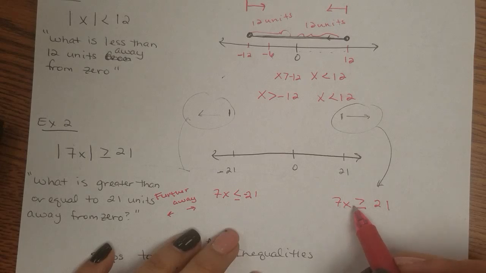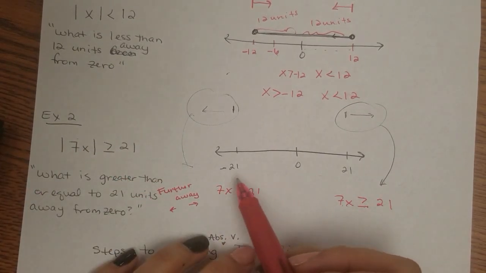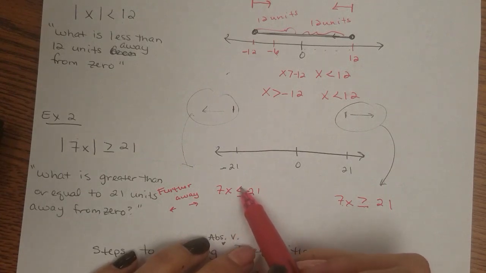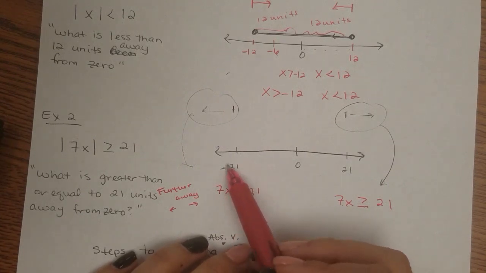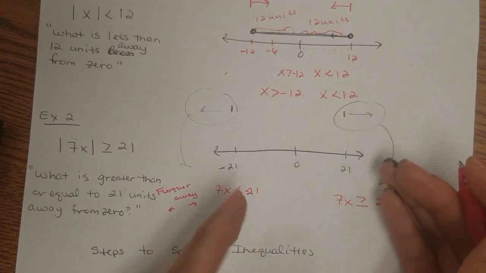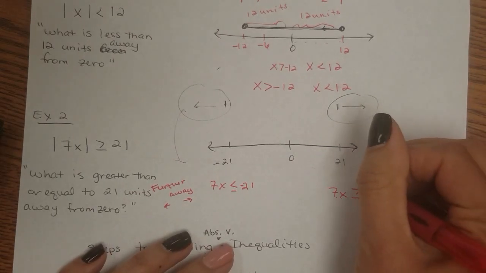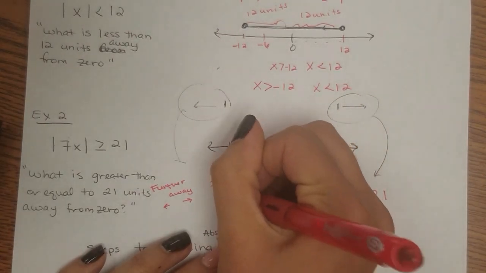So I have 7x greater than or equal to 21, which looks just like what we have here. And then here, I have 7x less than or equal to negative 21 because we're moving to the left on the negative side. So now I have two different inequalities that I can go ahead and solve for x.